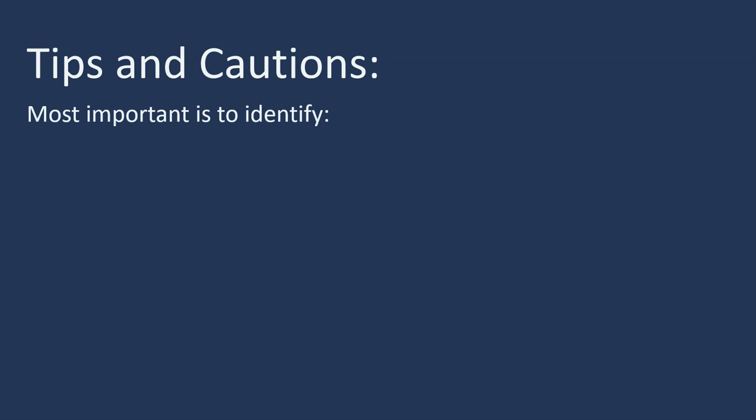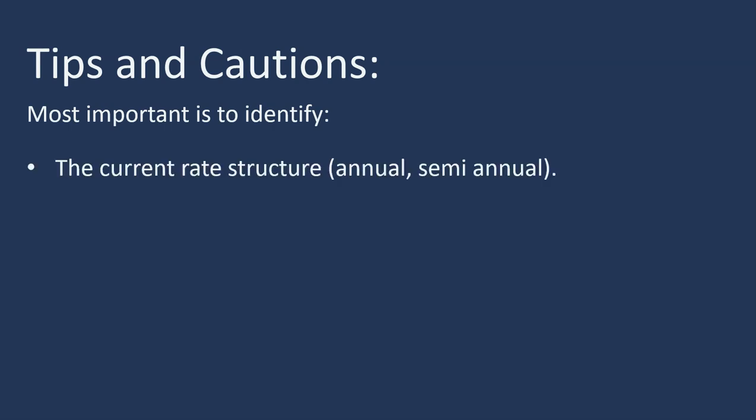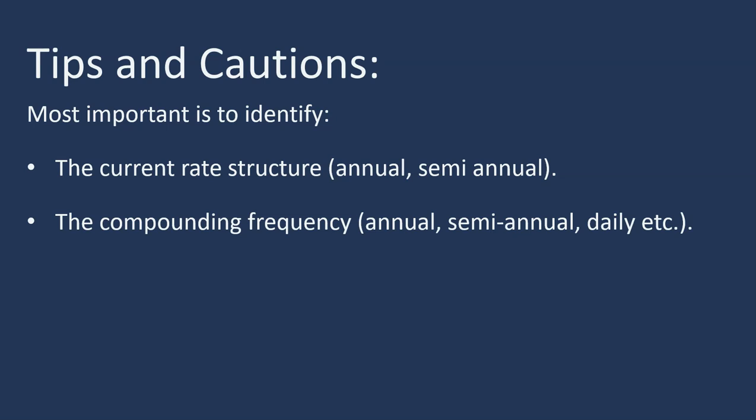Most important, you have to identify the current rate structure, whether that's annual, semi-annual, what is the breakdown of the compounding periods, and again, that compounding frequency. Now, most of the time, the EAR is stated in annual terms, so the rate structure isn't really applicable here, but you do need to know what compounding frequency it's being asked to convert into.